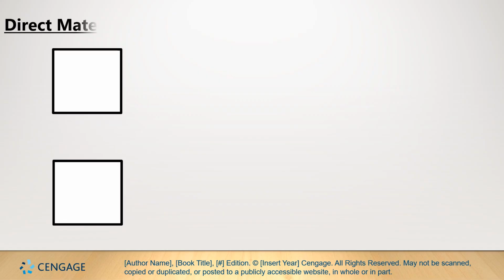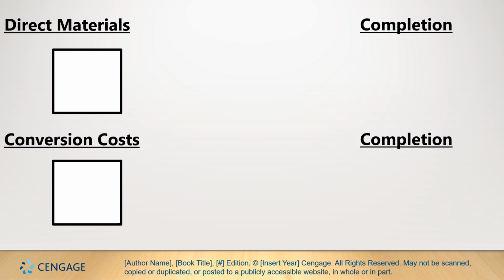If you're having trouble imagining the two costs being separate, imagine this box represents our beginning inventory in the mixing department. Because direct materials and conversion costs enter production at different rates, we need to track those costs separately. Our conversion costs are added gradually throughout the mixing process. It's not like as soon as we start mixing the ingredients, they are fully integrated into the ice cream and at the proper temperature and consistency.